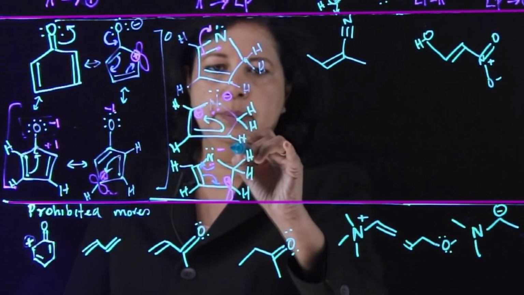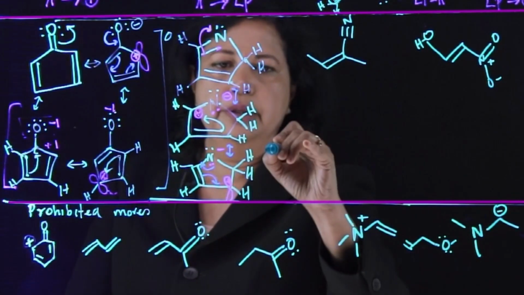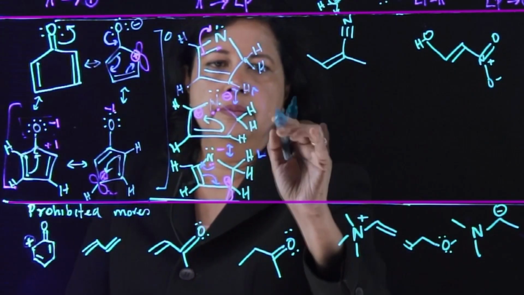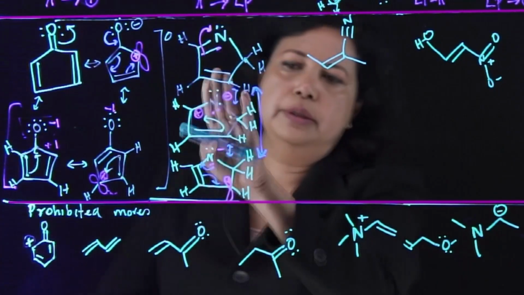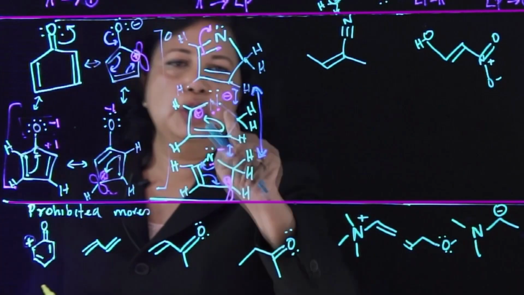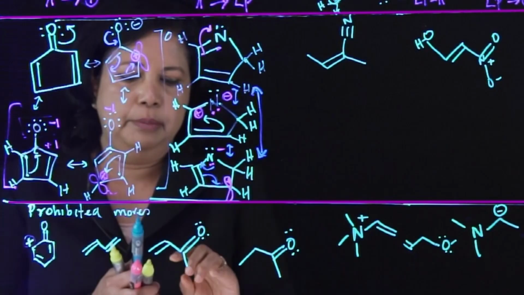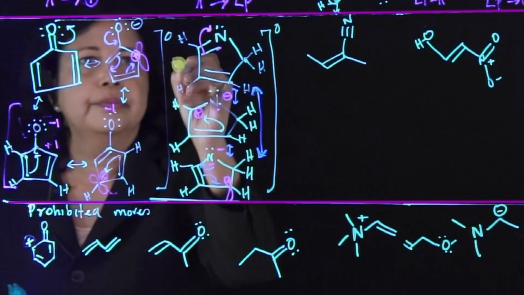And then that's going to go up here. And this will go from here to here. So you should always be able to go back to your parent structure. In this case, that's the best structure because it's neutral. Here we have some charge distribution, but it's really minimal. So overall 0, and that doesn't change.